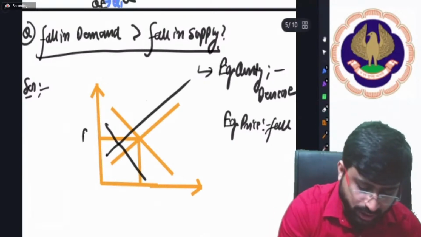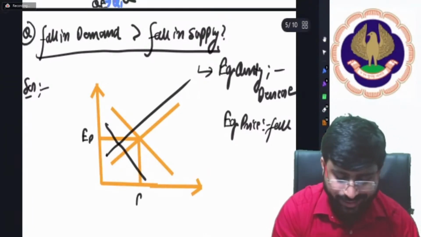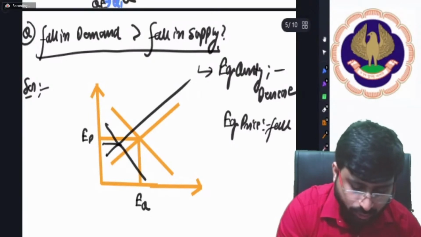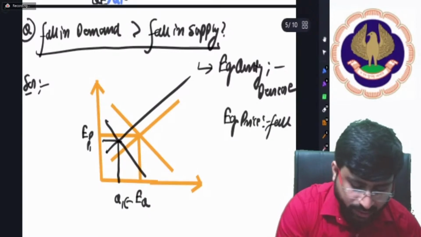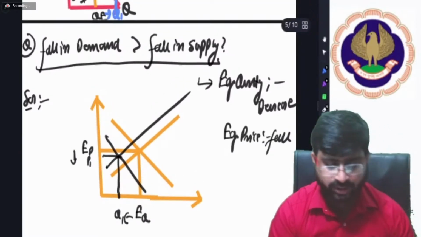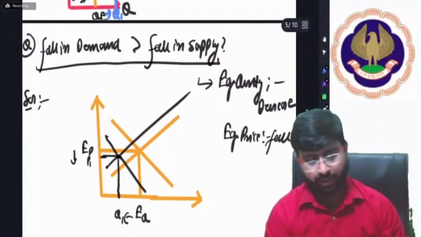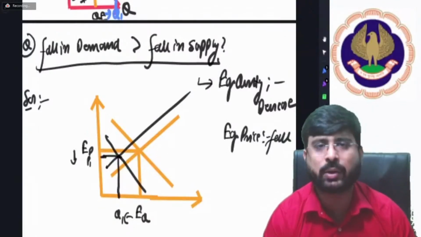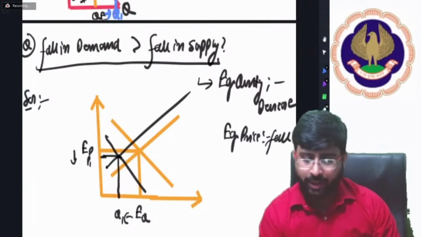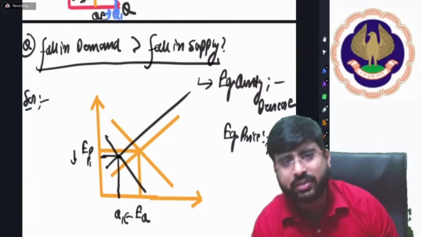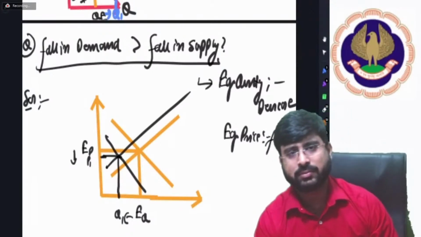And so if you see the equilibrium price here, equilibrium quantity here, now when they have fallen, they are now P1, Q1. So equilibrium price and equilibrium quantity, as you had expected, both are falling down. Equilibrium price has fallen, equilibrium quantity has fallen. Full stop.